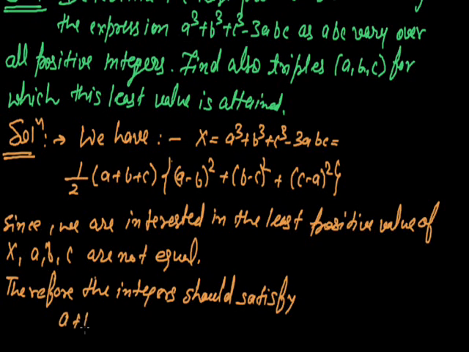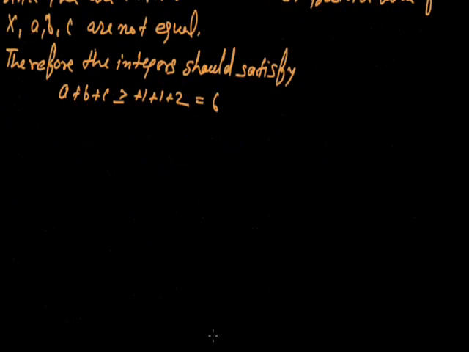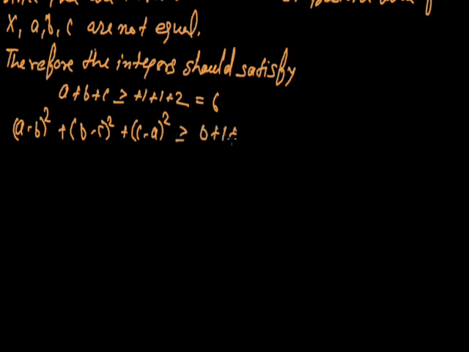a plus b plus c is greater than or equal to 1 plus 1 plus 2, that is equal to 6. So we can say that a minus b whole square plus b minus c whole square plus c minus a whole square should be greater than or equal to 0 plus 1 plus 1 plus 2.